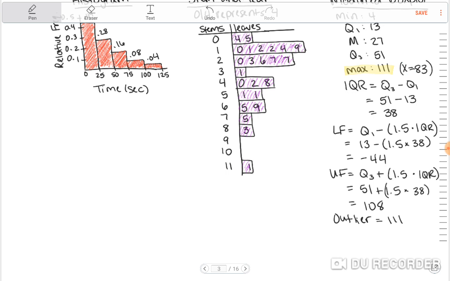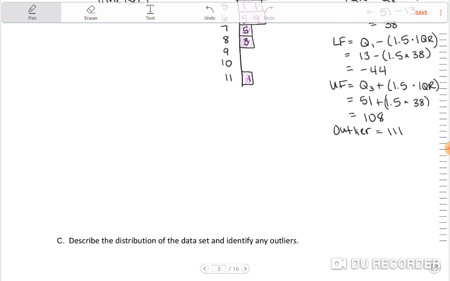Okay, I'm going to try and do my box and whisker plot. I think I have enough space over here. Yeah, I have enough space. So we're going to put 0 here, and I'm going to go up to 125 like I did on my frequency distribution. So let's see here. 25, 50, 75, 100.